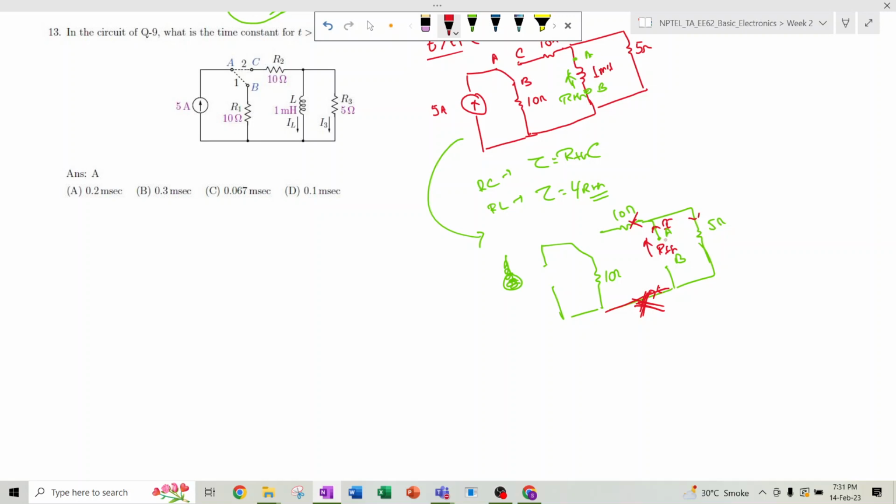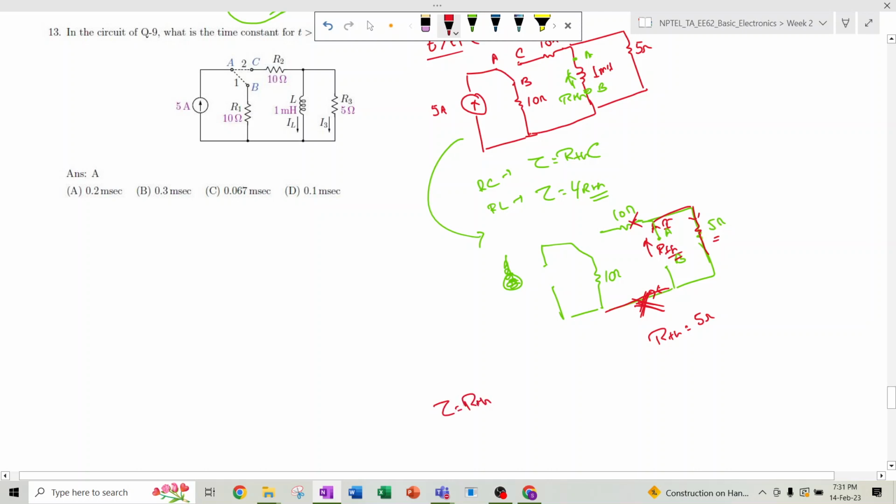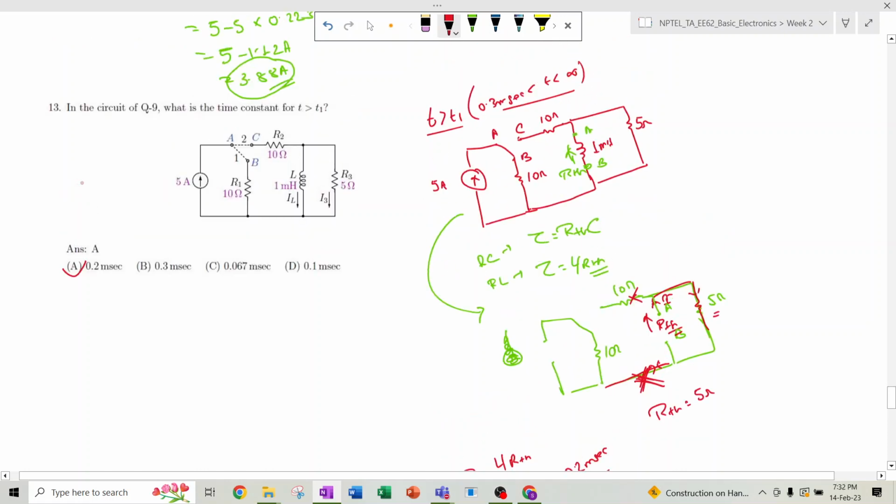So this RTH is nothing but this resistance. RTH is 5 ohm. Now the time constant tau will be L divided by RTH. So L is 1 millihenry divided by 5 ohm, so it comes out at 0.2 millisecond.